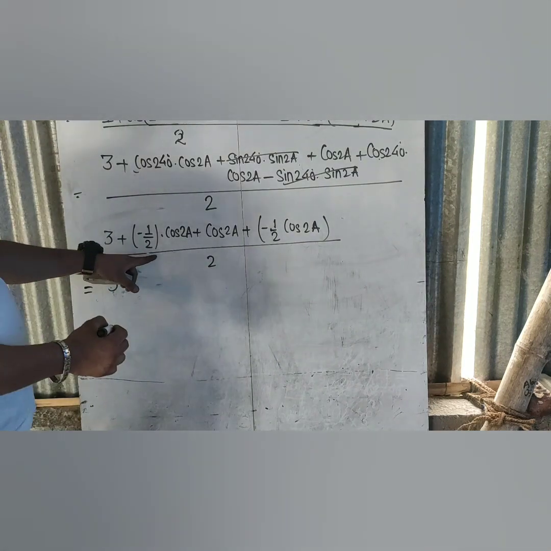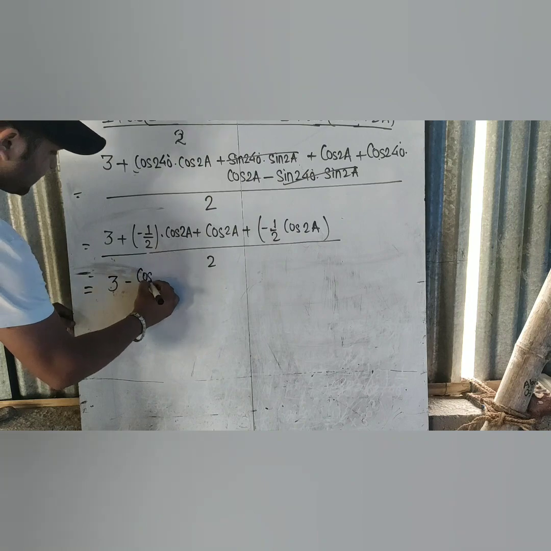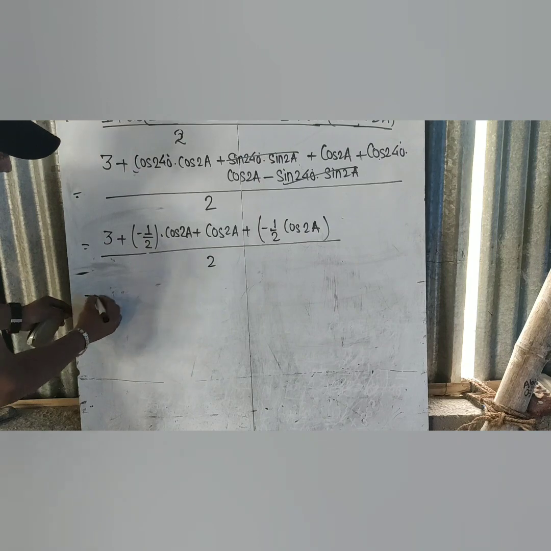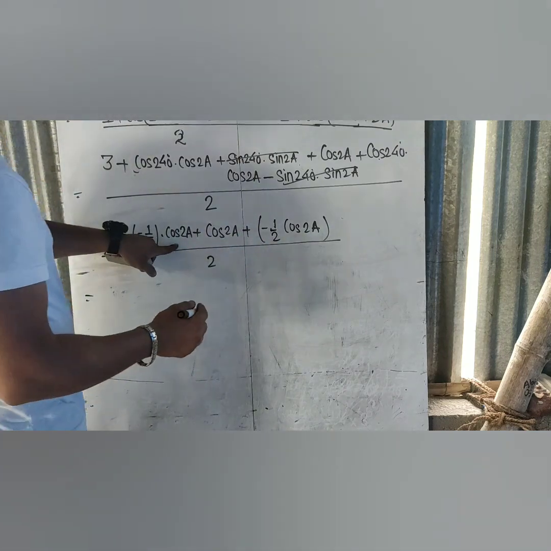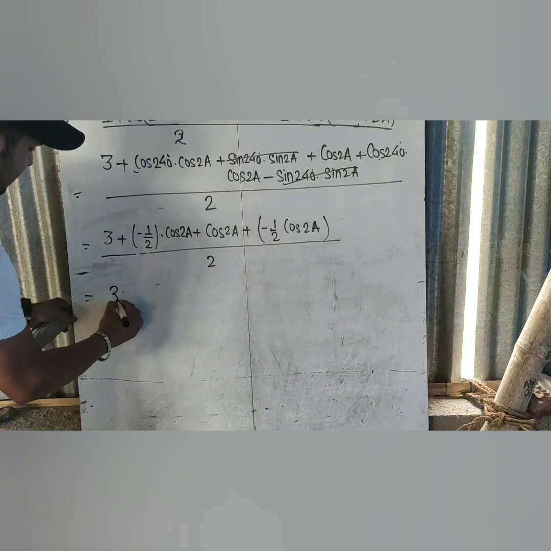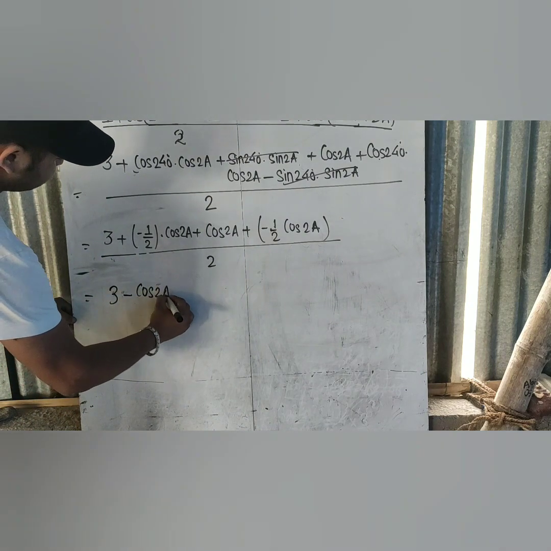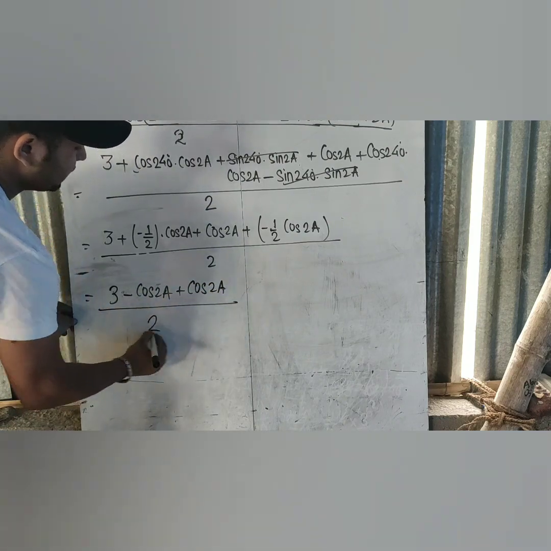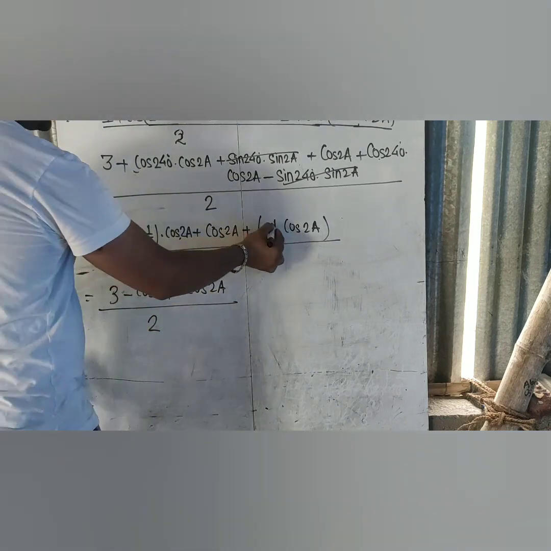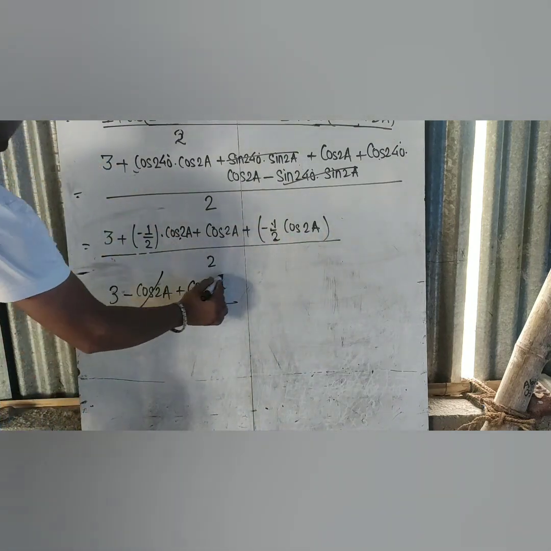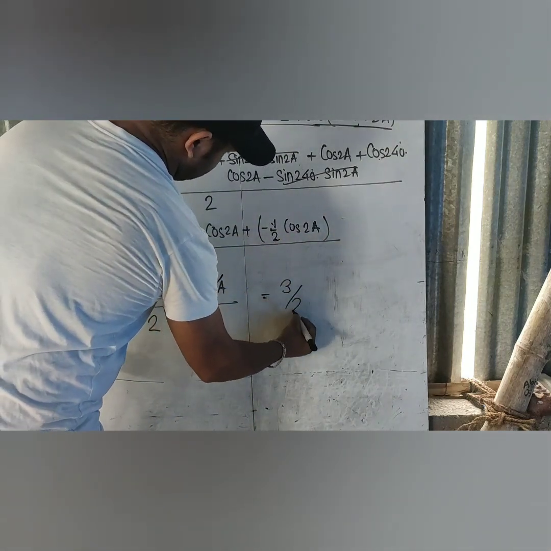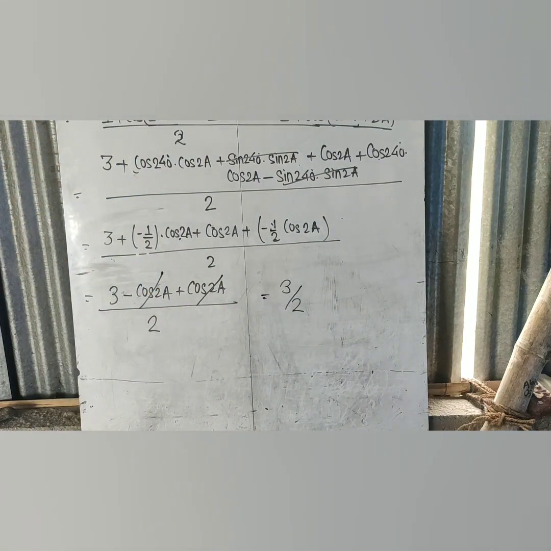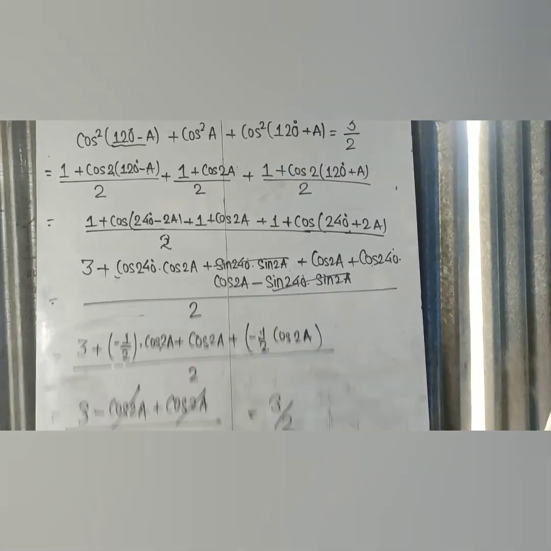Minus 1 by 2 cos 2a minus 1 by 2 cos 2a is minus cos 2a, plus cos 2a by 2. So this and this cancel. Now your answer is 3 by 2. So we prove it in this way. Okay, this much for today. Not that difficult work.